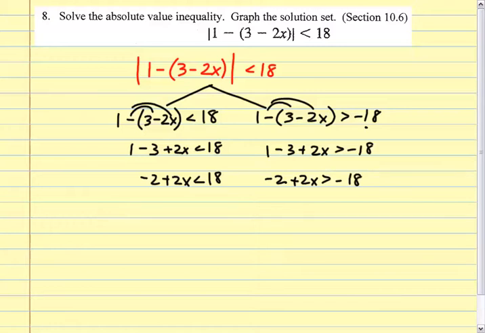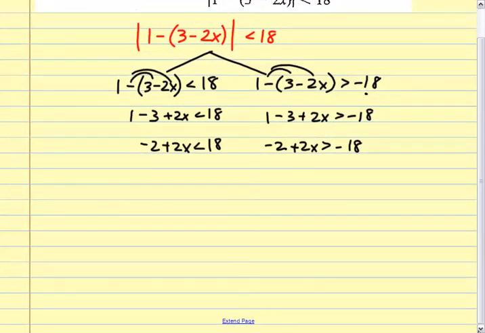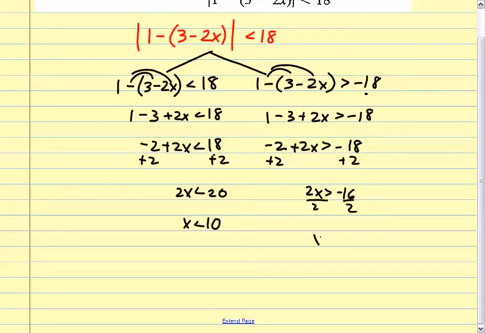Let's keep rolling. Add 2 to both sides. 2x is less than 20. x is less than 10. Add 2 on this side. 2x is greater than, what is that, negative 16? Divide by 2, and x is greater than negative 8.